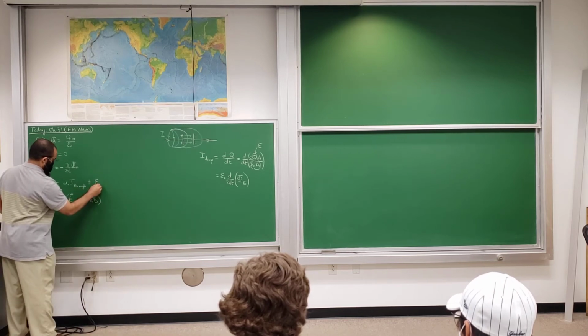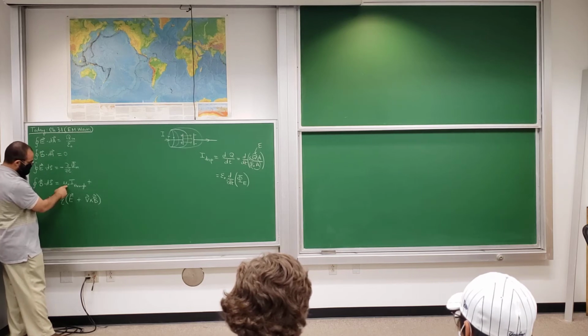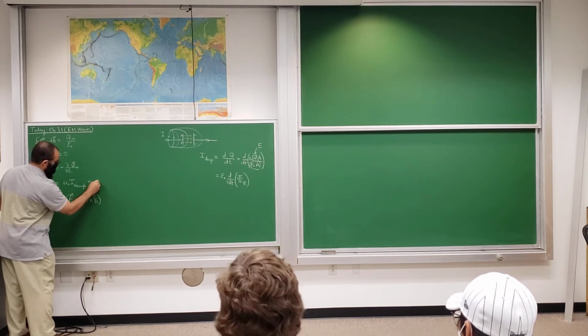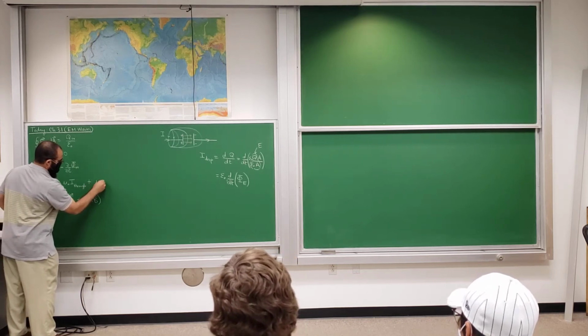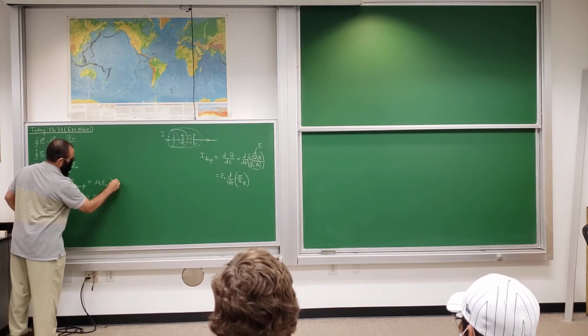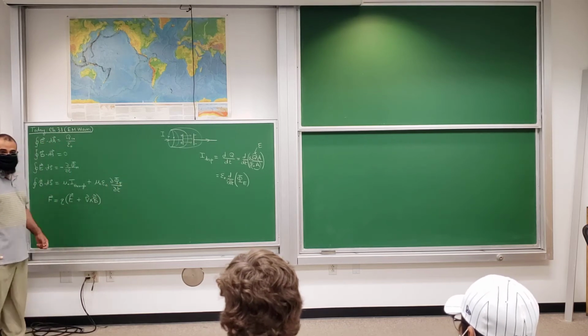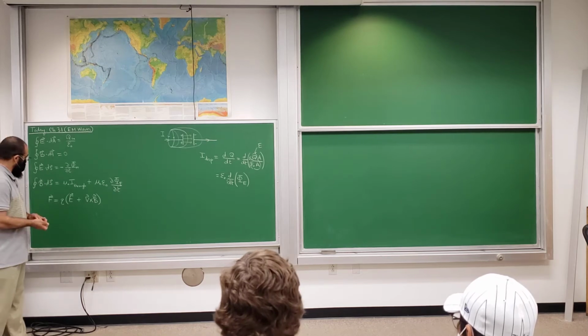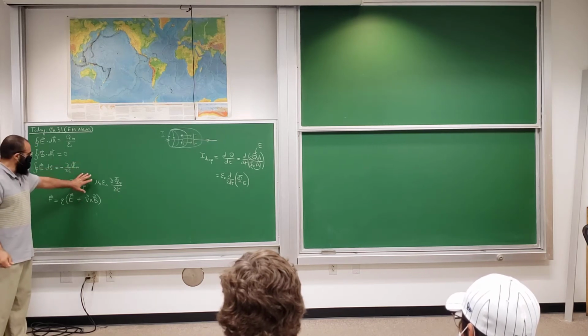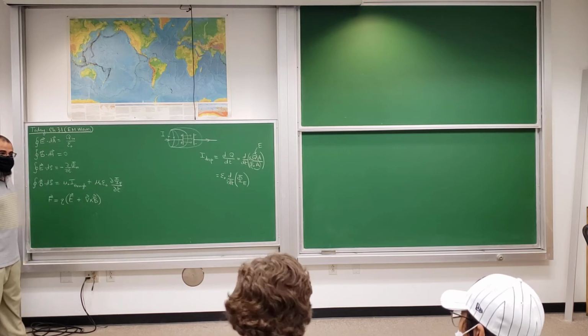Epsilon naught, I'm sorry, to make it correct dimensionally, I need mu naught times current. So mu naught times epsilon naught times the time derivative of the electric flux. That now fixes Maxwell's equations, or fixes Ampere's law, and now this is good.